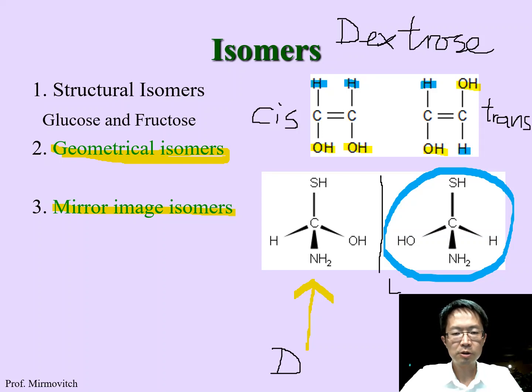And glucose, believe it or not, also has a D glucose and L glucose. If you pass sunlight through D glucose, the sunlight will be rotated to the right hand side, and if you pass sunlight through L glucose, the sunlight will be rotated to the left hand side.